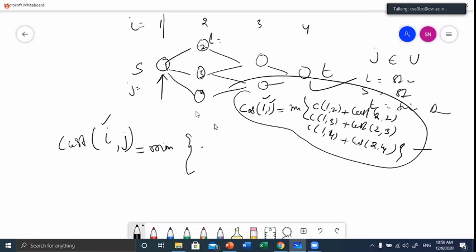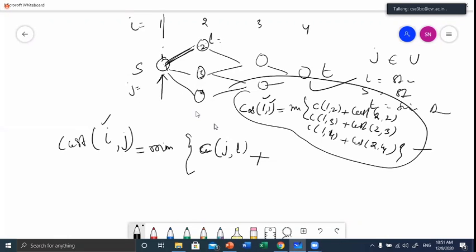That means cost of I comma J is nothing but C of J comma L, that is nothing but the edge from J to L. So cost of J comma L plus cost of that particular stage and vertex. Then vertex is L. There is no doubt.